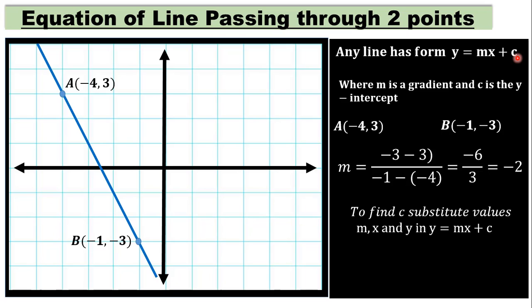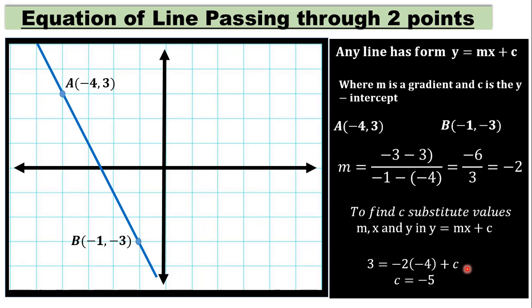So substituting the values of m, x and y in the equation y equals mx plus c to find the value of c. What do we get? y will be replaced with 3, which is the y coordinate of the point A. x will be replaced with minus 4, which is the x coordinate of the point A. And m will be replaced with minus 2. And plus c is the only unknown quantity here.